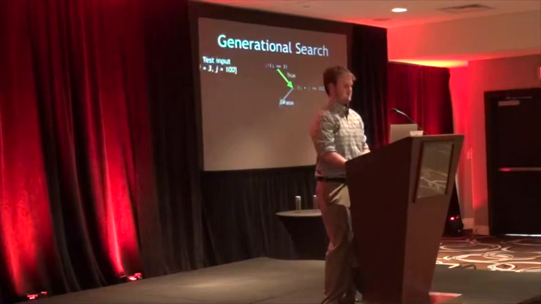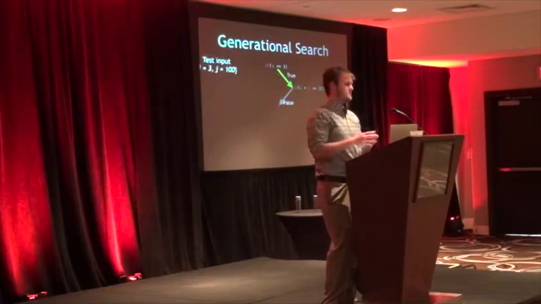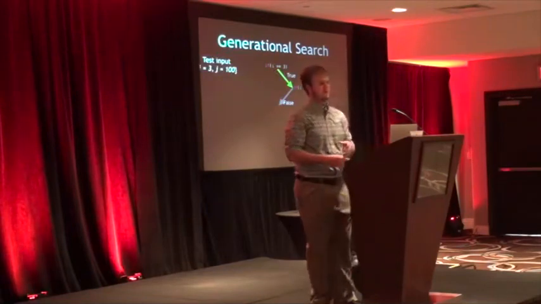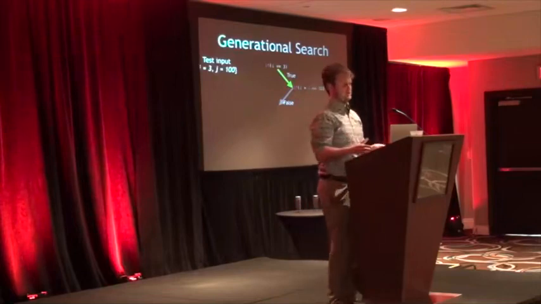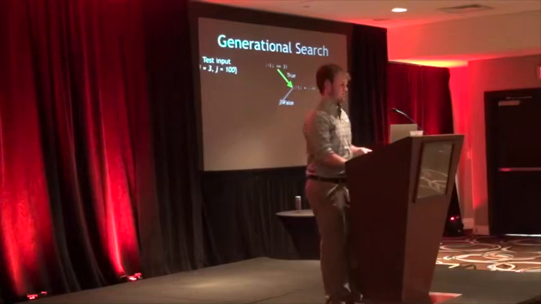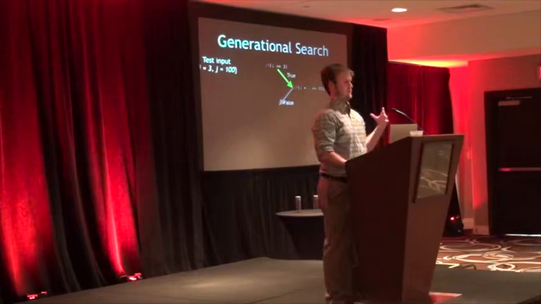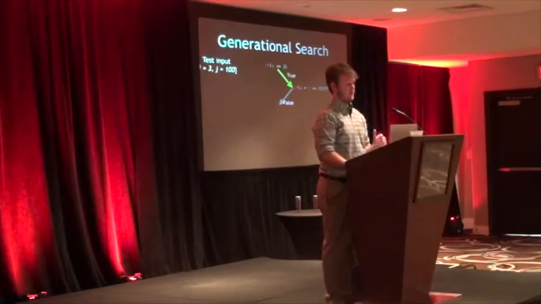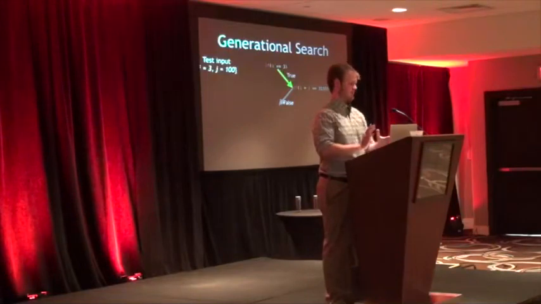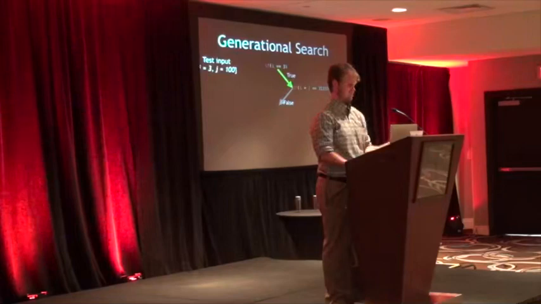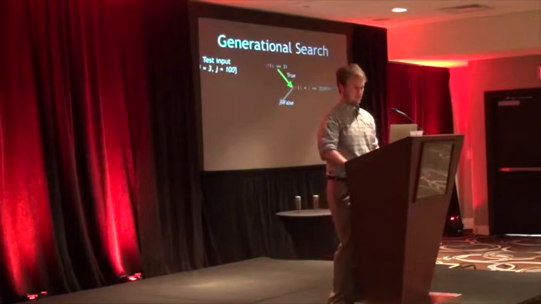What generational search is actually going to do is, if we choose a test input that sets i equal to 3 and j equal to 100, we'll take a path through the program that makes the i equal to 3 branch flip to true, and the i plus j branch not flip to true, it'll flip to false, because 3 plus 100 is not equal to 31337.